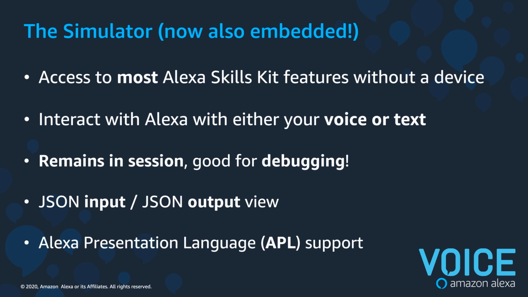And you can check these requests and responses in the simulator as they are plain JSON. On top of that, the simulator incorporates a functional APL rendering engine, so you can see and interact with your APL from it. Having said all this, you can also test on a real device, as long as you use the same Amazon developer account on it to get a feeling of the real deal.